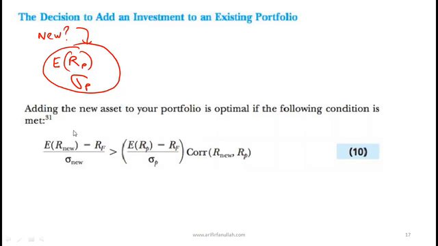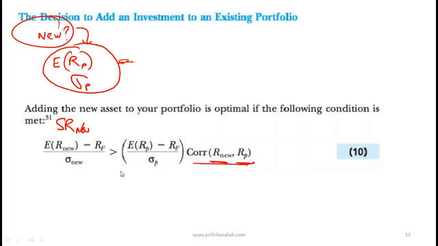This is the Sharpe ratio of your new asset that you are considering. Okay, you are considering whether to add this to the portfolio. If this number, the Sharpe ratio, is greater than the Sharpe ratio of your existing portfolio multiplied by the correlation between the new asset and the portfolio, then you add. If it is less, then do not add.